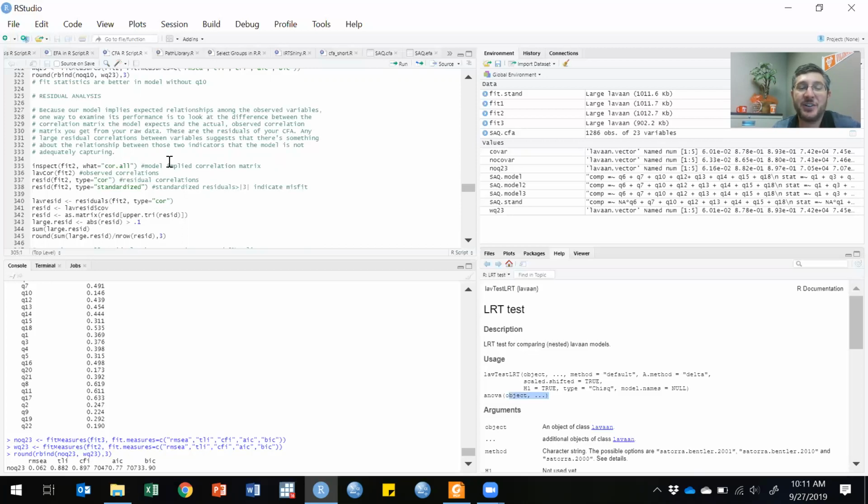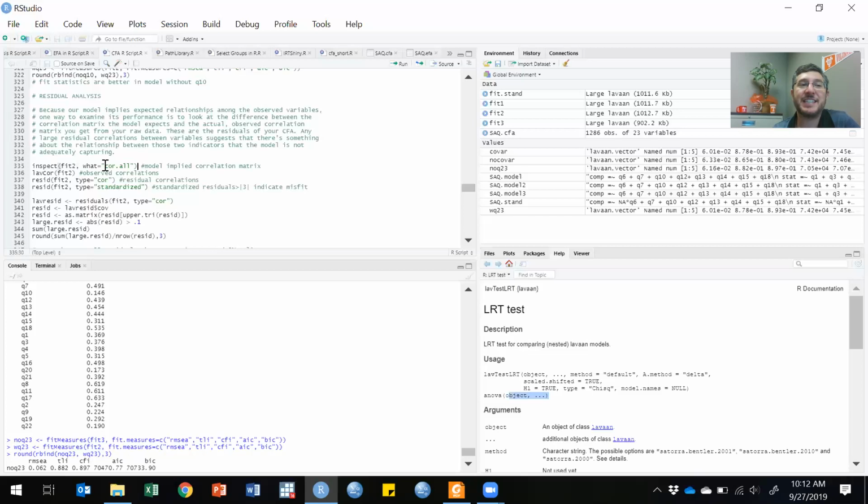The whole idea is that if the model-implied covariance or correlation matrix does a good job of reproducing the observed correlation matrix, then the residual matrix, the difference between the model-implied and the observed, wouldn't have any correlations left, right? If the latent constructs did a good job of explaining the variation in our item set, there wouldn't be any large residual correlations left.